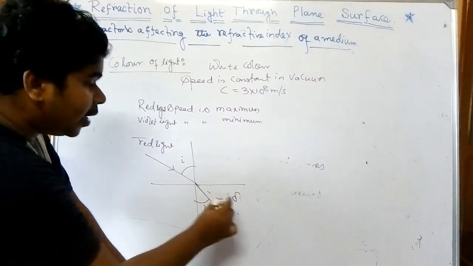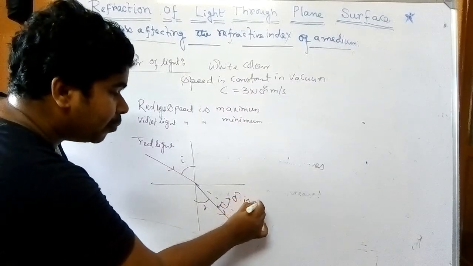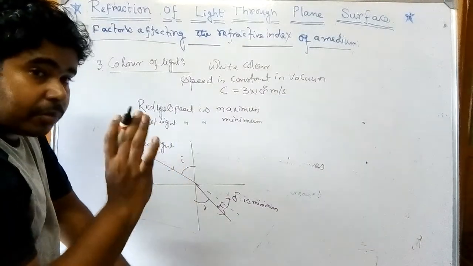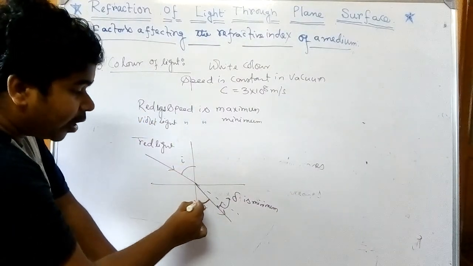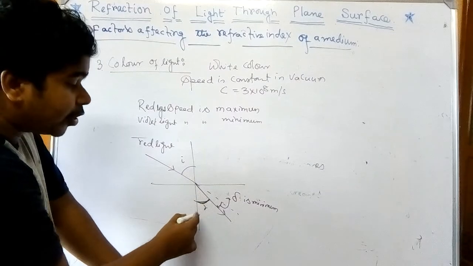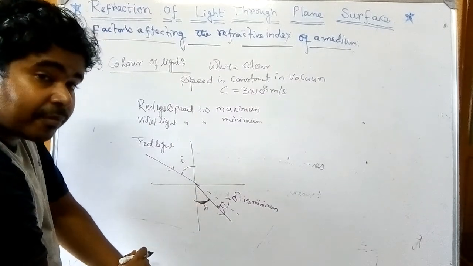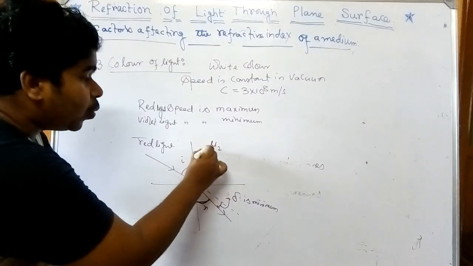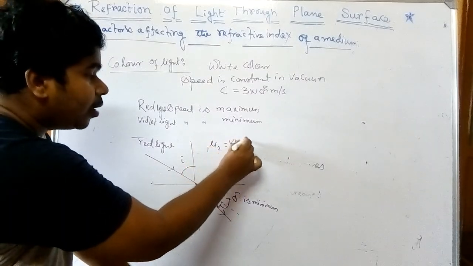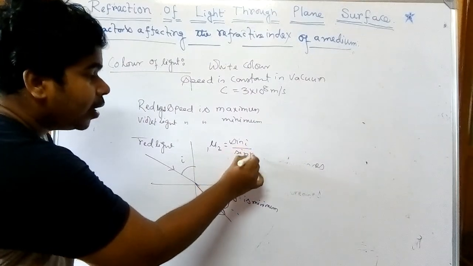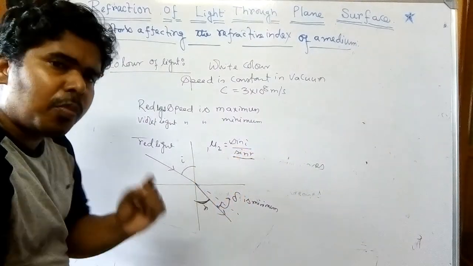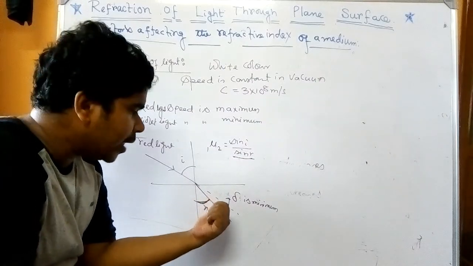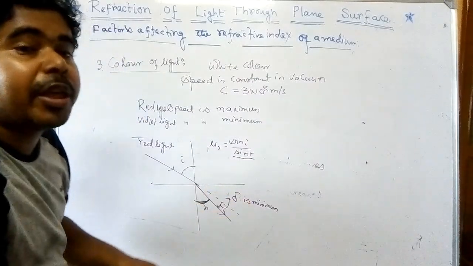For red light, deviation is minimum. If deviation is minimum, then the angle of refraction is maximum. Here we are finding mu 2 1, that is sine I by sine R, and here sine R is more because the value of R is more as the deviation is minimum.